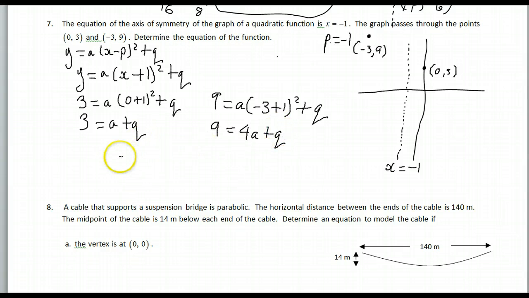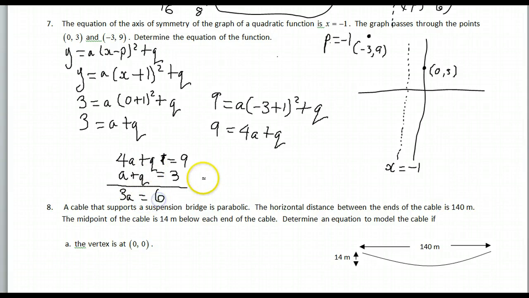So I can write these down and solve a system of equations. 4a plus q equals 9, and a plus q equals 3. Subtracting, I will get 3a, q minus q is 0, 3a is equal to 6, which leads to a is equal to 2.